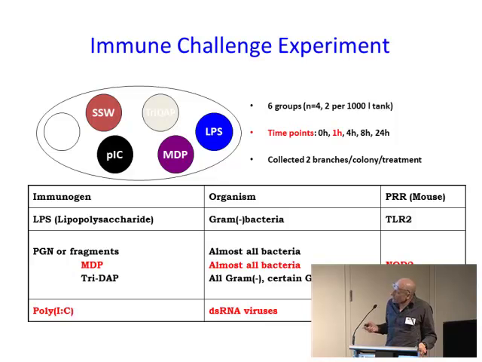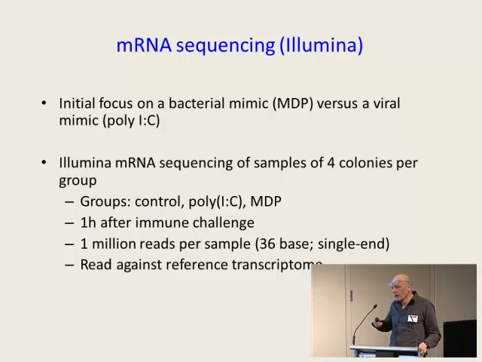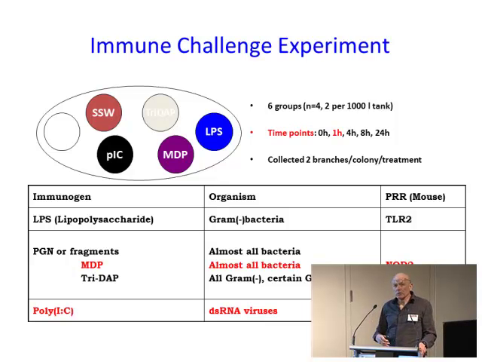And we looked in the first hour at what was happening, because one aspect of immunity that's particularly interesting is the short-term immune response, what happens immediately following immune challenge. As I said before, these compounds produce well-defined responses in vertebrates, with MDP signaling through NOD2, one of these NACHT domain proteins, and poly-IC signaling through toll-like receptor 3 in vertebrates.